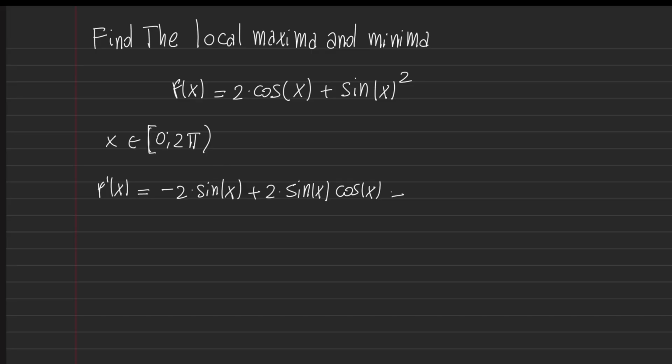And I want to impose this to be equal to 0. We can factor 2 sine of x between these two terms, and we get 2 times the sine of x times (minus 1 plus cosine of x) equal to 0.